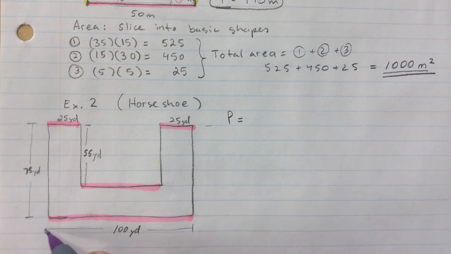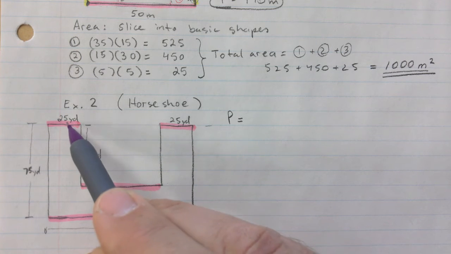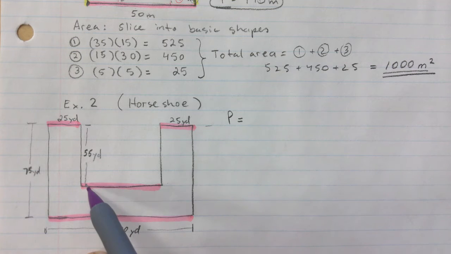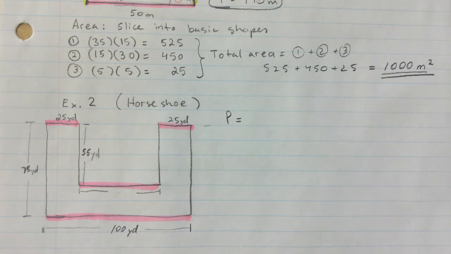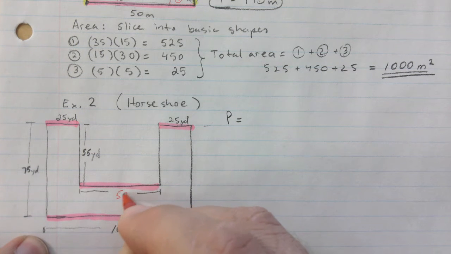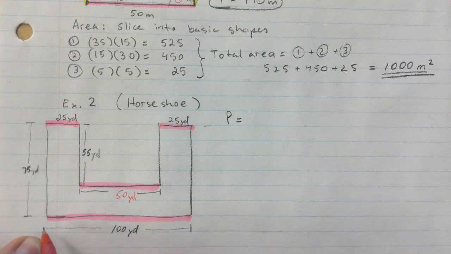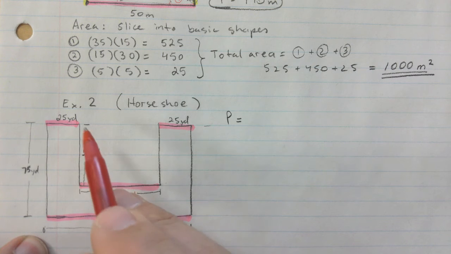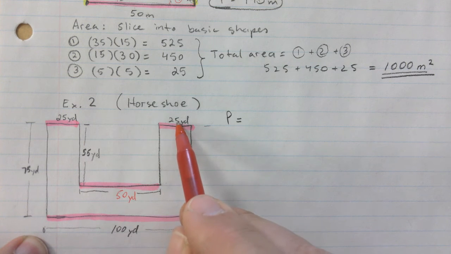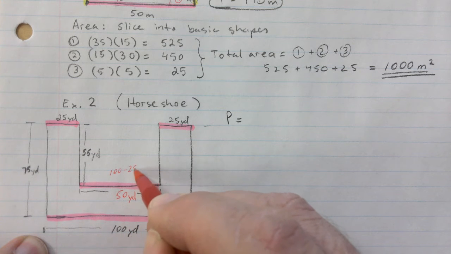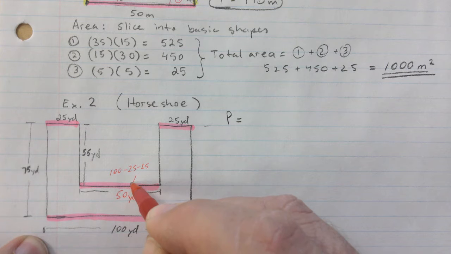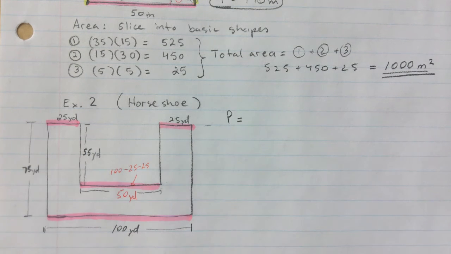So if this is 100 from here to here, and we have 25 and 25, this is mental math here. We know that this is going to be 50 here, because it has to add up to 100 yards, which is from end to end. So 100 minus the 25 minus the 25 gives you 50. If you want to write that down, you have that there.